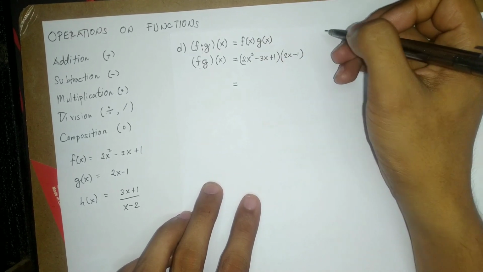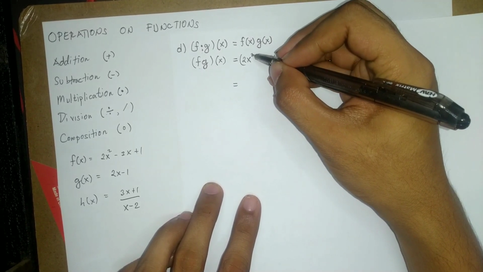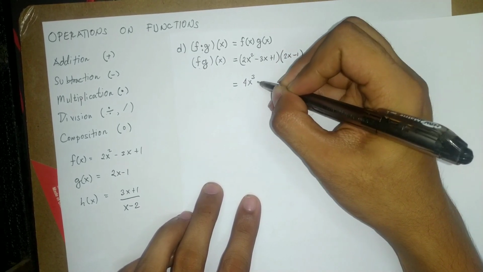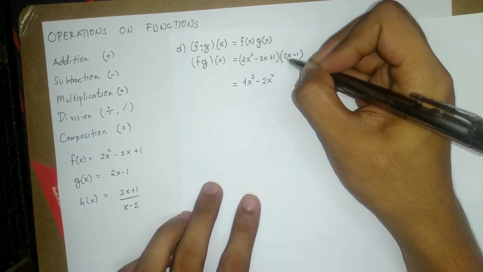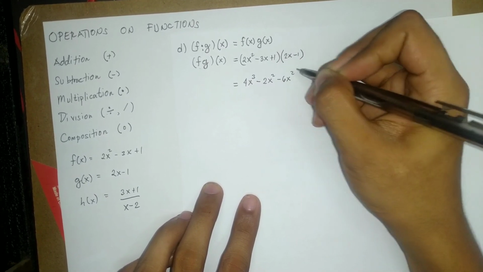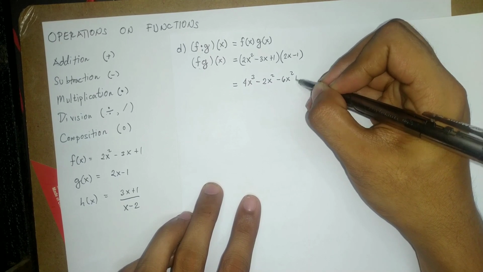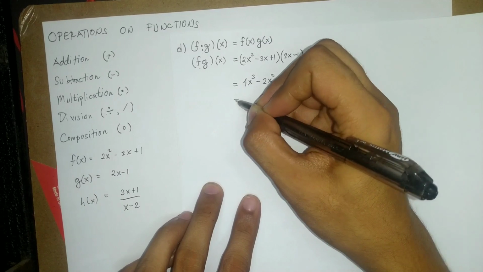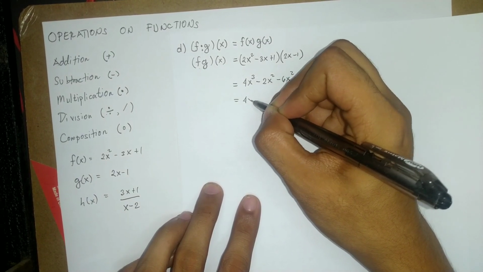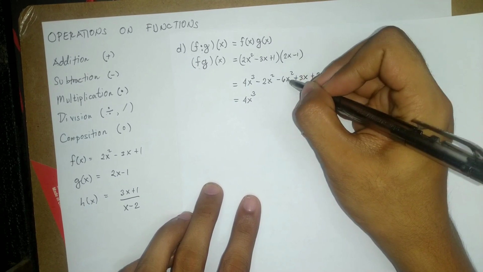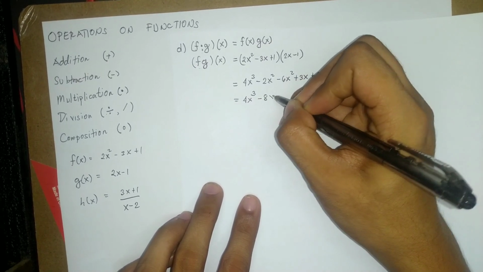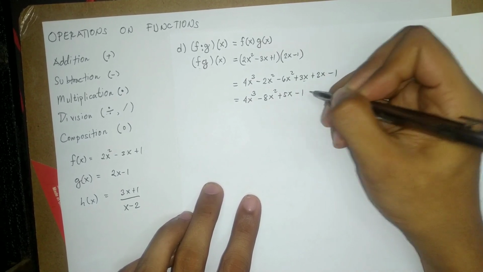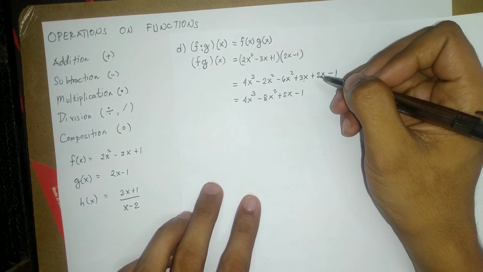So simply use the FOIL method or distributive method. 2x squared times 2x, that gives us 4x cubed minus 2x squared minus 6x squared plus 3x plus 2x minus 1. So combine similar terms. We start with 4x cubed, minus 2 minus 6, that gives us minus 8x squared plus 5x minus 1. So that's it. You already have your answer.